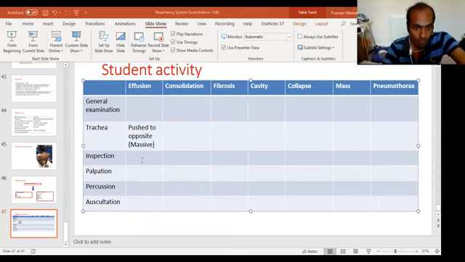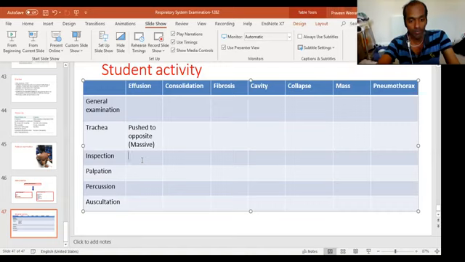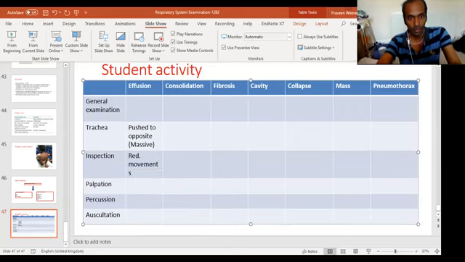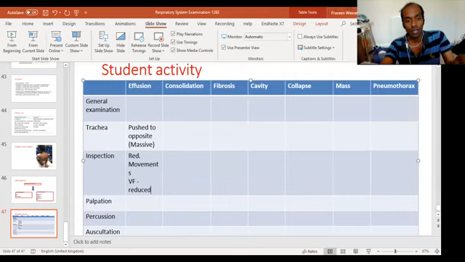Inspection, obviously you will see movements reduced. So reduced movements in that area. Then what happens to vocal fremitus? Vocal fremitus is reduced. Why? Remember what we are checking with vocal fremitus.